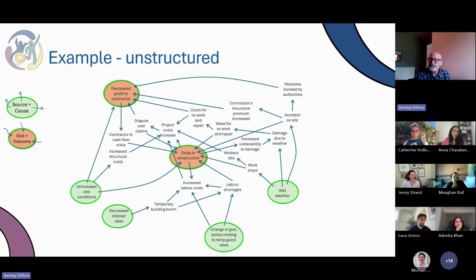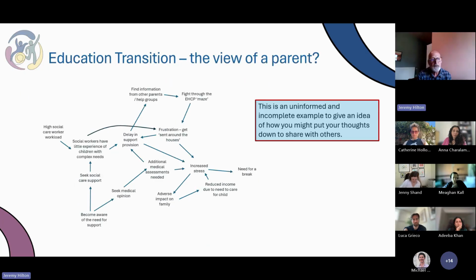So it's very early thinking of building up a picture, from a mental model point of view, of what people are thinking and expressing it. And that can then start leading into some of the causal loop modeling and some of the more system dynamics work. I'll talk to Nikki about this later on.